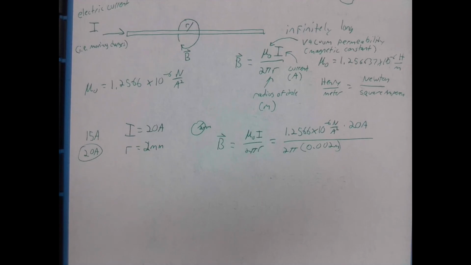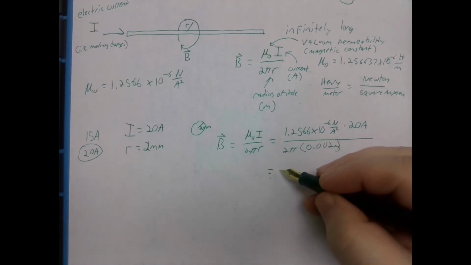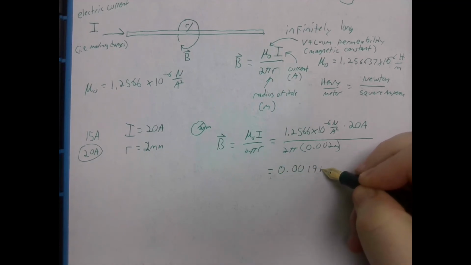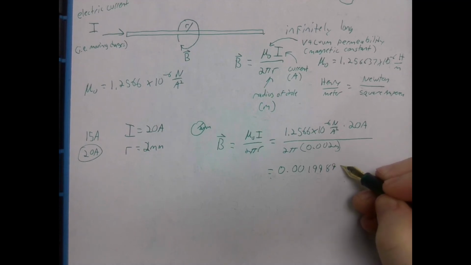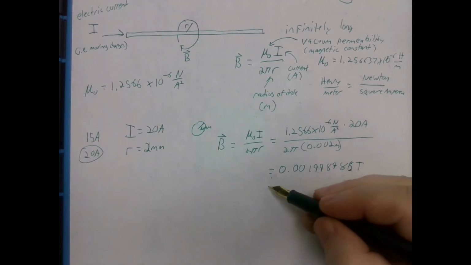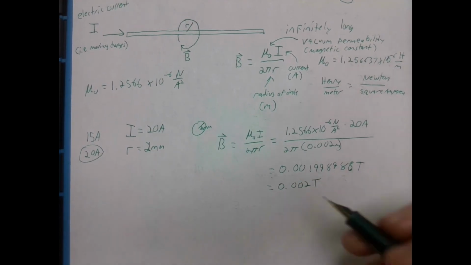We would get a value of 0.001998986 Teslas, so roughly equal to 0.002 Teslas.